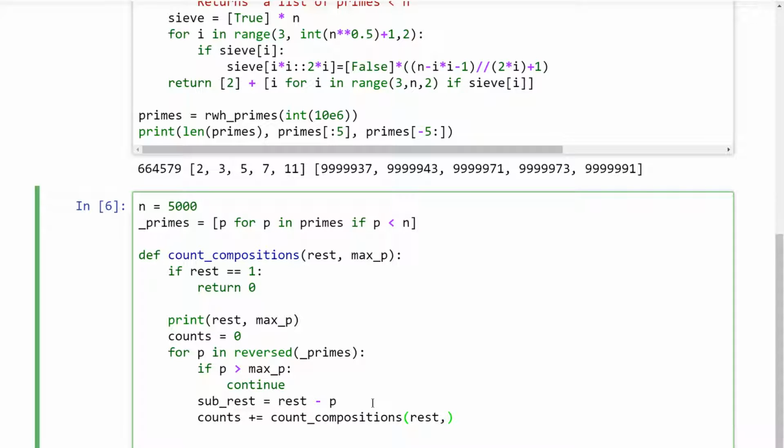So what do we want here? Oh, that's not rest, it's subrest. It's subrest, and as the max p, we're not giving p, are we? And then the next prime. Then we loop through index.